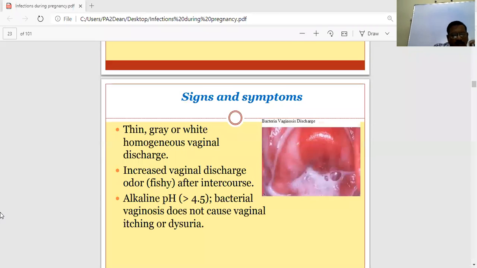Coming to the signs and symptoms, thin, grayish or white, homogeneous vaginal discharge. The patient complains of increased vaginal discharge with fishy odor after intercourse, and alkaline pH. Bacterial vaginosis does not cause vaginal itching or dysuria.